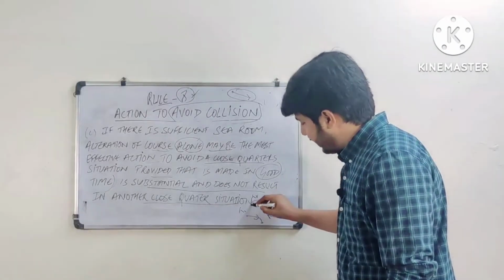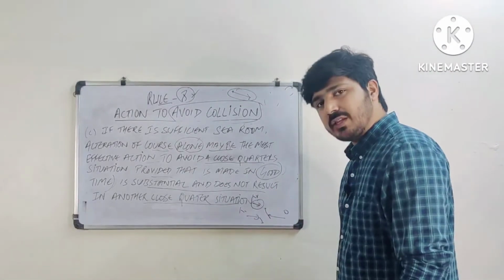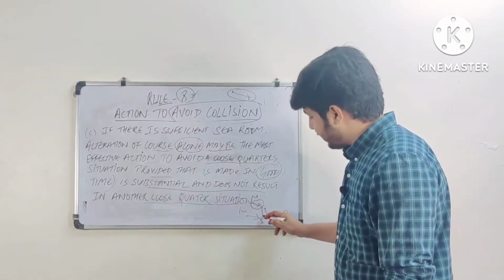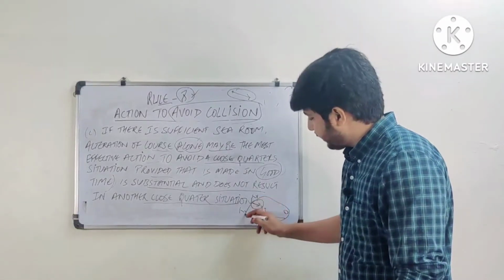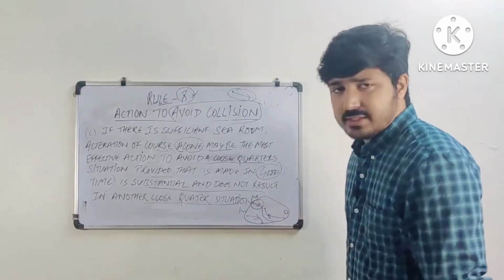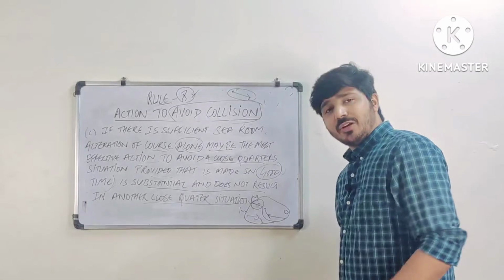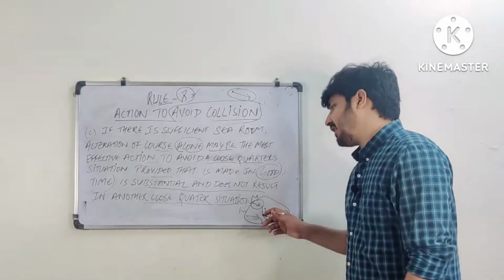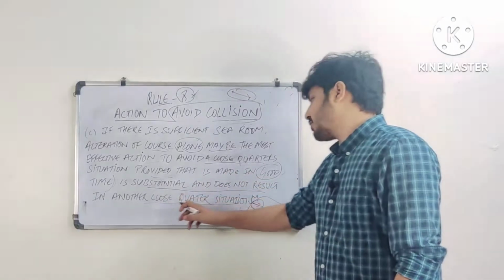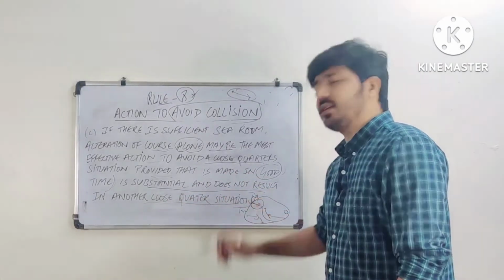But you might end up in a close quarter situation with this other vessel. That is the problem here. You need to take care of this, which we will discuss further, how we will tackle this situation. But firstly we need to understand the rules. So that is what they are saying, that it does not result in another close quarter situation.